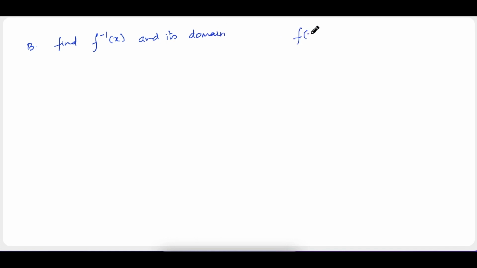Already from the question we know that f of x equals x square plus 4. Now we need to find the f inverse of x and its domain.